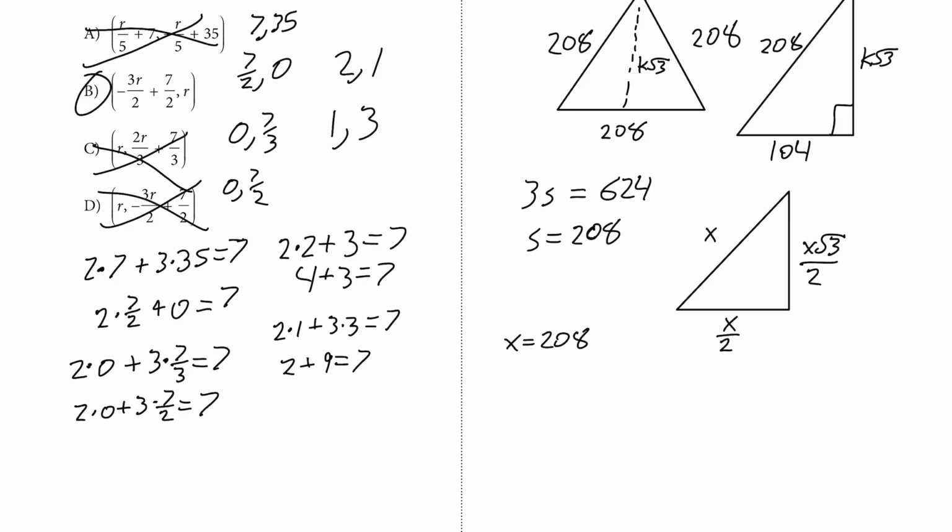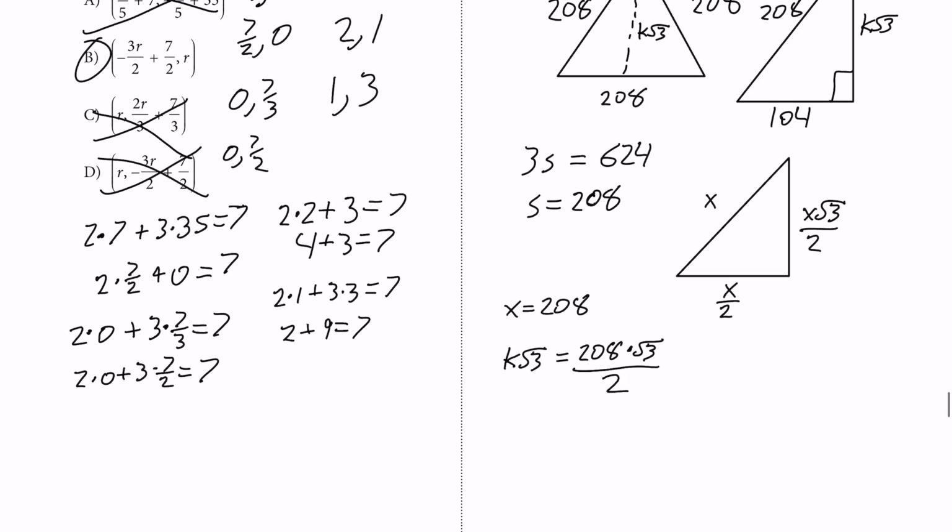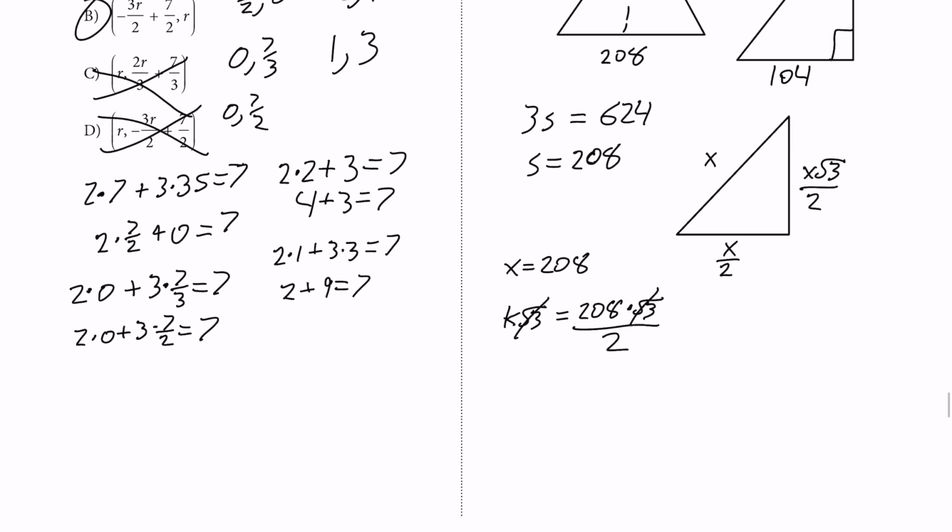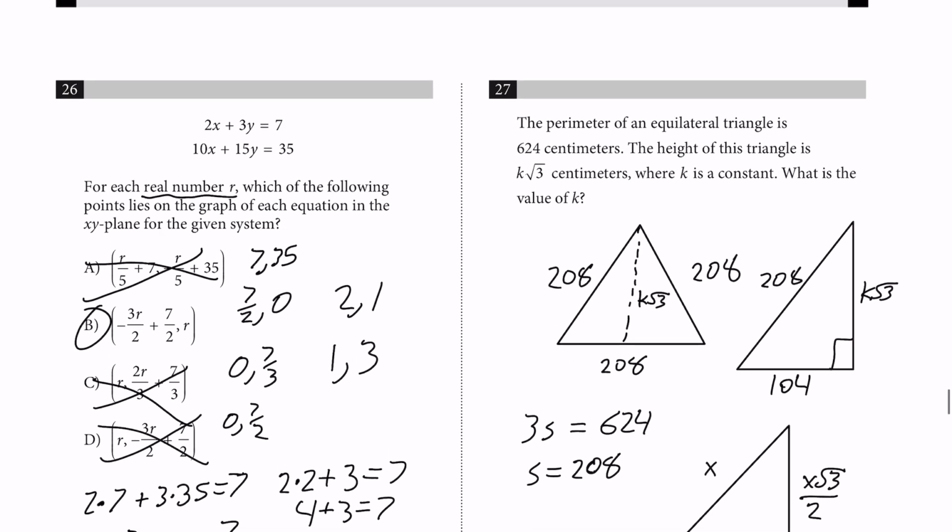And most importantly, we have k root 3 is equal to 208 times root 3 over 2. Now we can cancel out the root 3's, and we have k is equal to 208 over 2, which is equal to 104, which is our answer for this question.